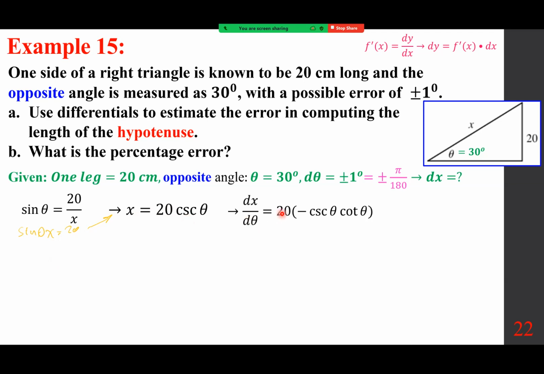So dx d theta is 20 times minus cosecant theta cotangent theta. And so dx is the right side times d theta. So the right side is minus 20 cosecant theta cotangent theta, and then times d theta. This is dx. We are going to replace everything accordingly.